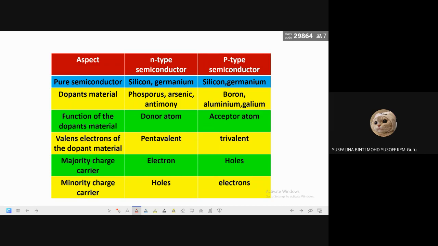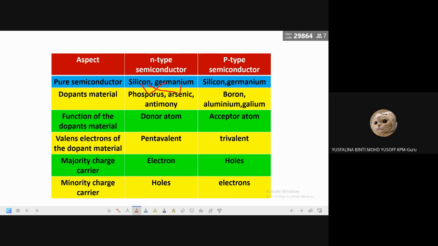If you want to produce the N-type semiconductor, you can use phosphorus, arsenic, and antimony. So you can dope silicon with phosphorus, or germanium with phosphorus, silicon with arsenic, or germanium with arsenic, either one. You have to choose.